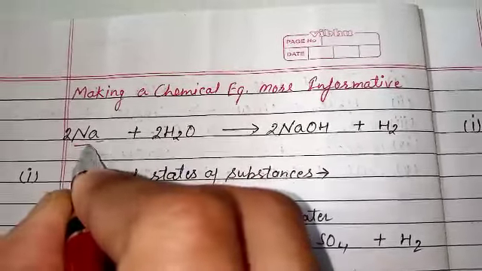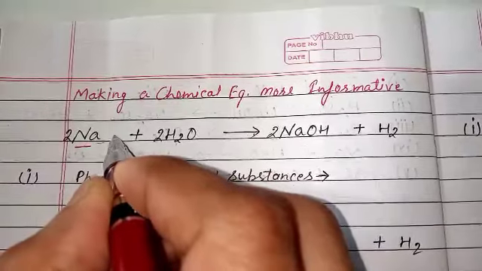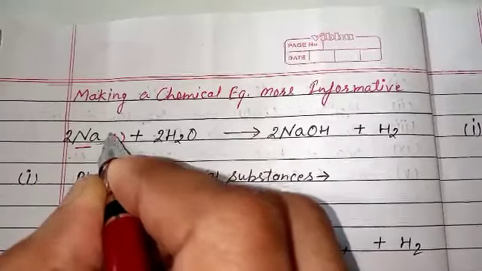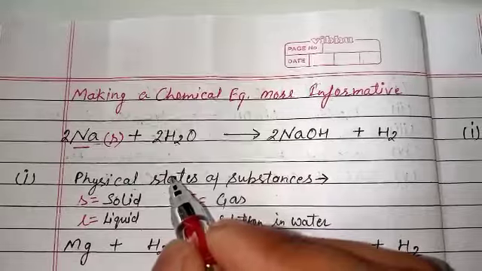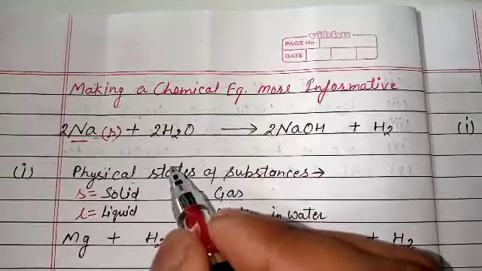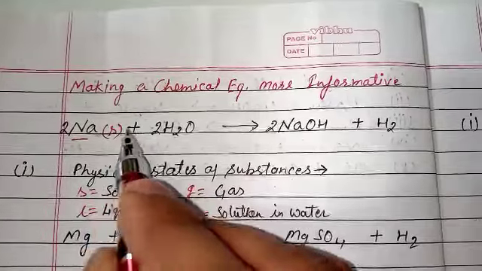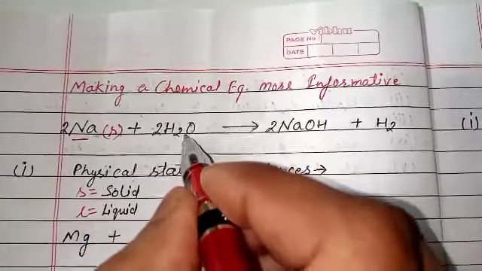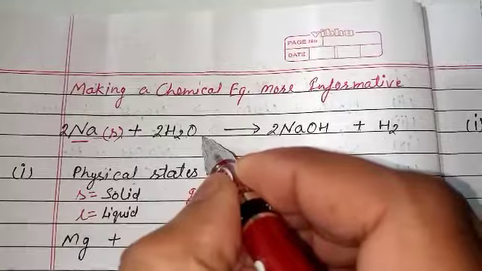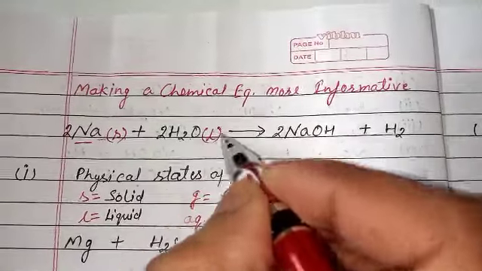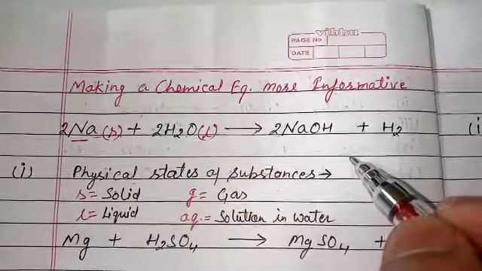For example, sodium is solid at room temperature, so we will write a small s in brackets after the symbol of sodium. Similarly, we take water in the form of liquid, so we will write L here and enclose it in brackets.